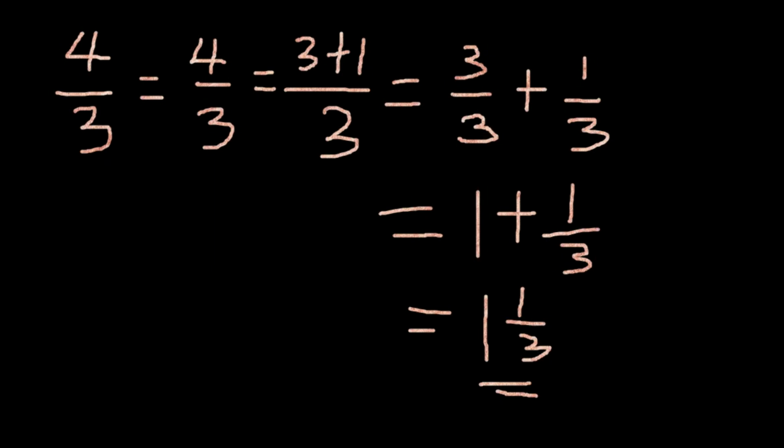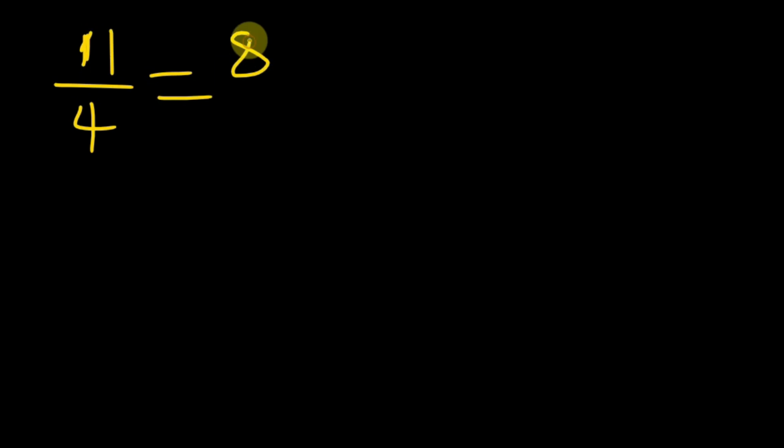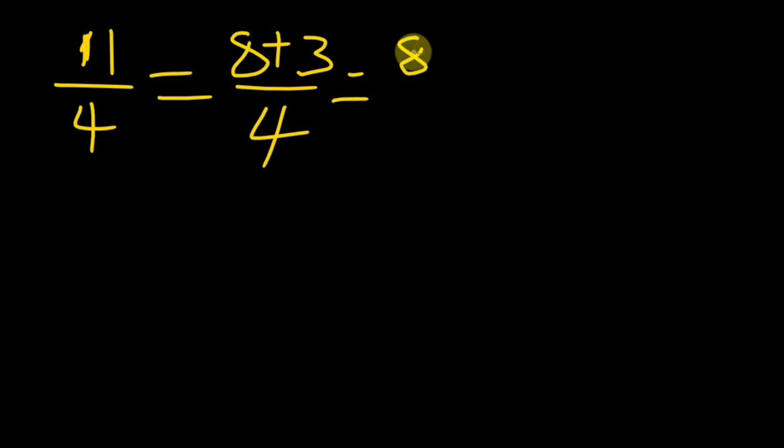Another example is the case where we have 11 over 4. This can be written as 8 plus 3 over 4, which then gives us 8 over 4 plus 3 over 4, then 8 divided by 4.